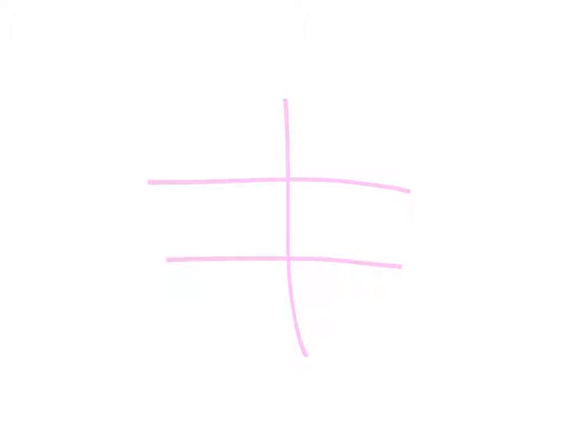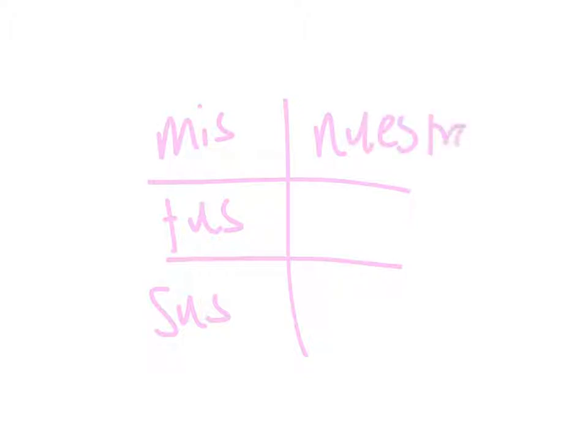Okay, so if it's a plural thing, it would be mis, or tus, or sus, or nuestros, or nuestras, and then sus. Okay, so as you can tell, it's the same with basically just an S on each of those. So let's look at each of those sentences again, but with plural nouns.